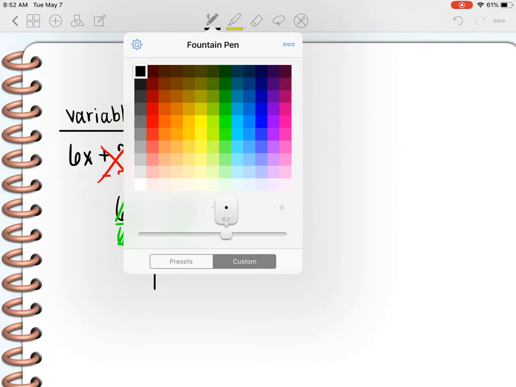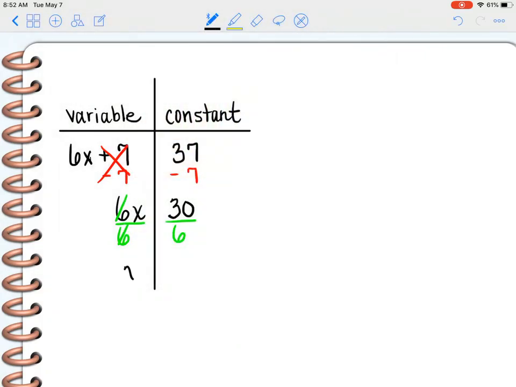And finally, I have my variable, which is just the plain x, and 30 divided by 6 is 5. So the solution to this equation is x equals 5.